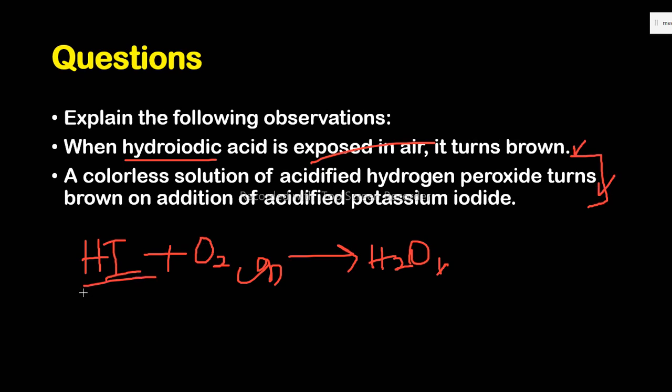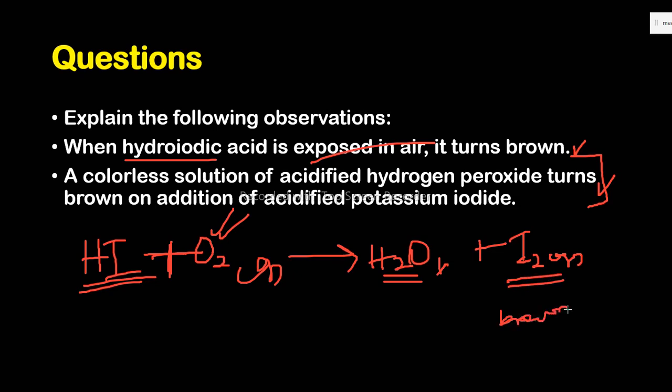With hydroiodic acid, when it is exposed to air, it will react with oxygen. It will be oxidized by oxygen to form water and iodine, aqueous. You know that the color of iodine is brown. It is this iodine that is formed that will turn the whole solution brown.